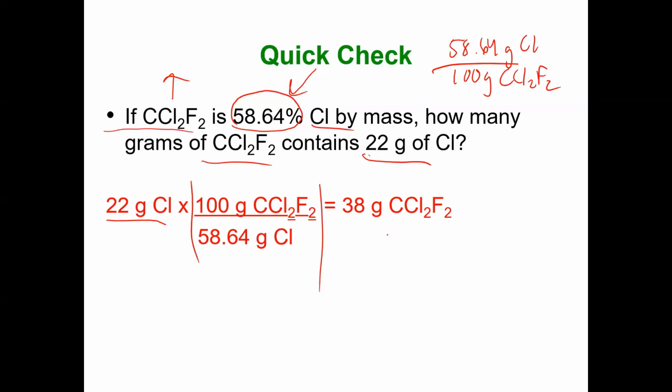And then I get my answer. So this kind of ties together our mole relationships, but also using our percent composition relationships to go from mass to mass within compounds. So you can use mole ratios, or we can use our percent composition and our mass ratios.